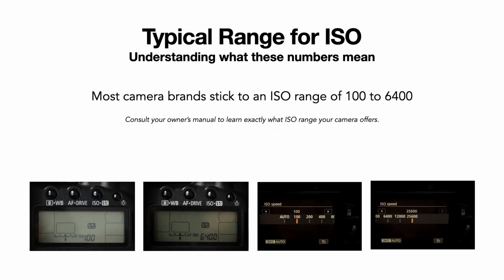Each camera might display ISO settings differently, but all use the same basic number range, 100 to 6400. However, different camera brands and different price levels of cameras will offer expanded or a more comprehensive offering of ISO range. On these two Canon cameras, you can see how ISO is displayed and controlled.